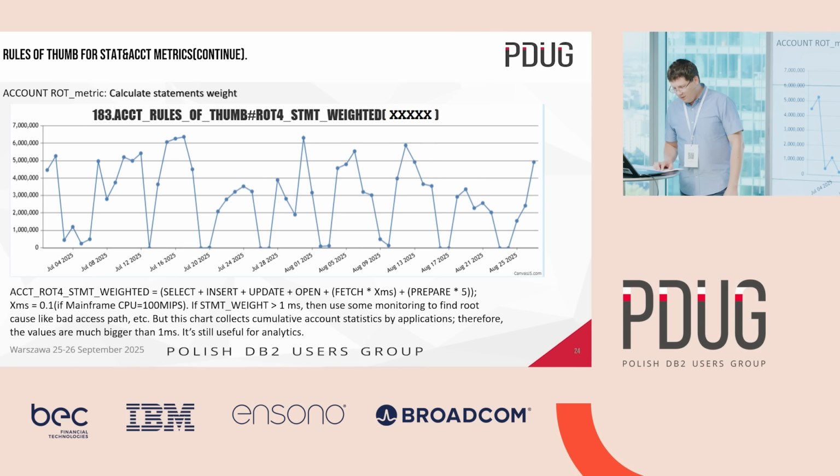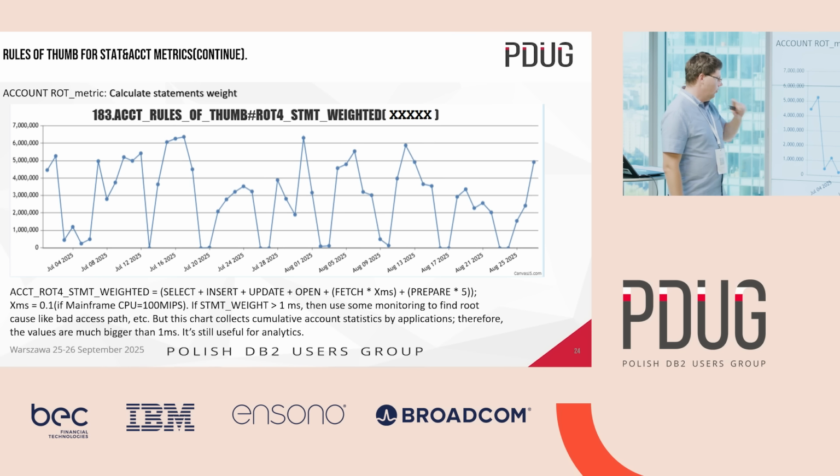Typically for a 100 MIPS CPU, a DML statement should complete in less than 1 millisecond. We have the formula: select plus insert, update plus open, plus fetch, multiplied by X. X is found in a table, where it depends on the mainframe MIPS value.